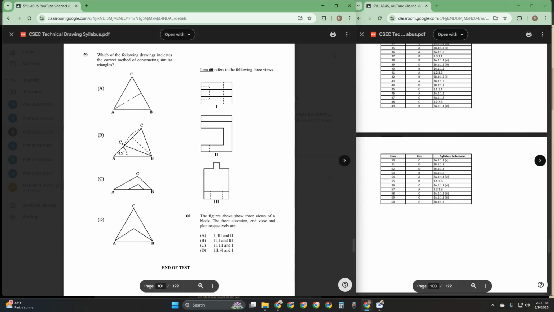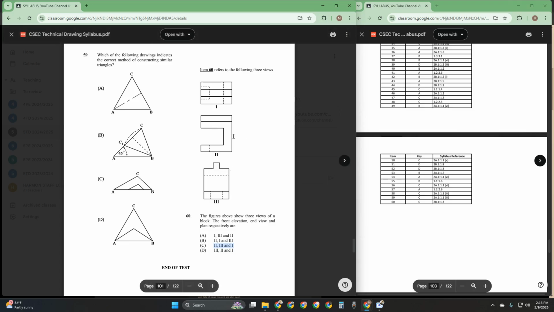They say it's C, which is 2, 3, and 1. 2 does look more like a front elevation, either 2 or 3. 3 for end view, also known as the side elevation.